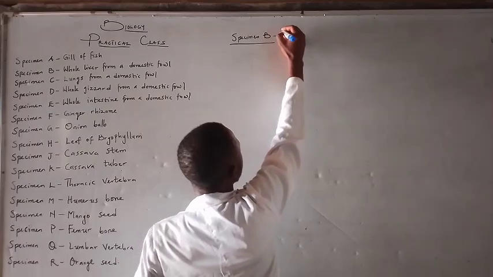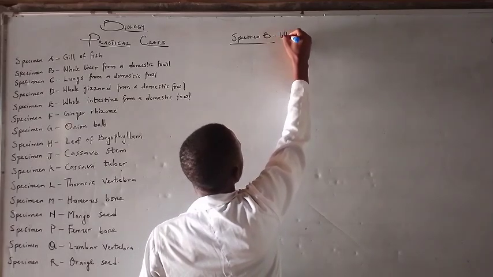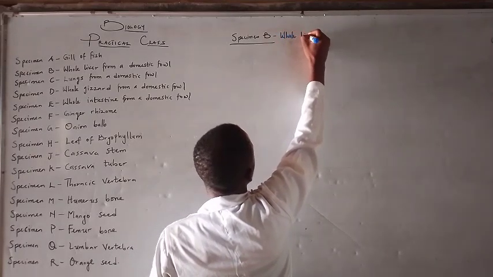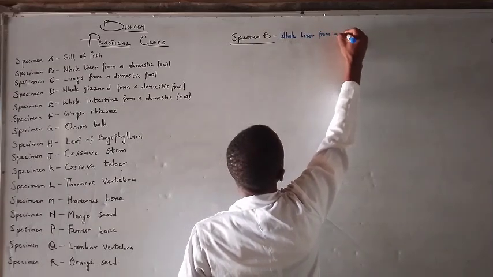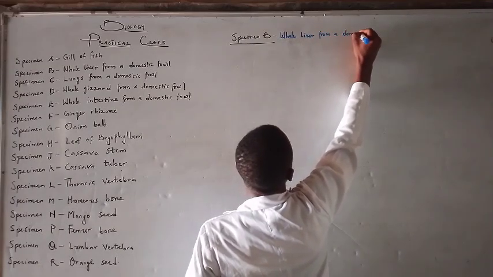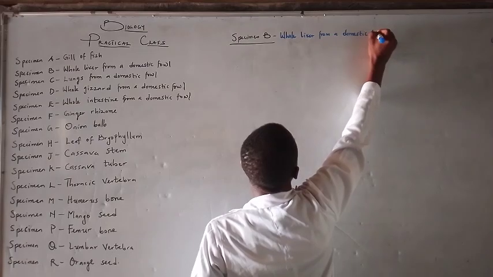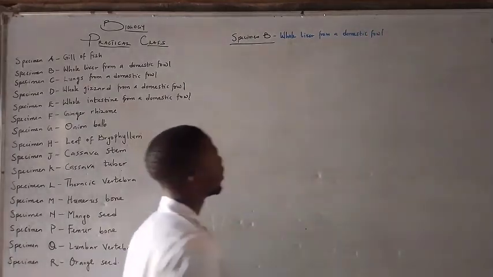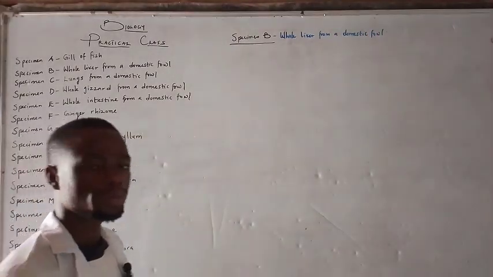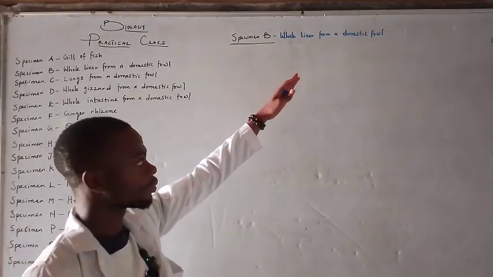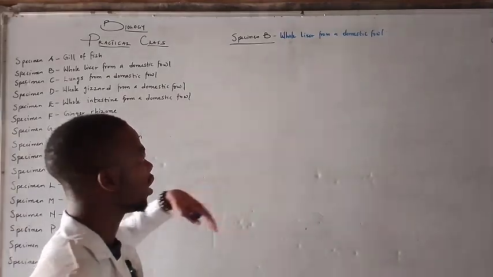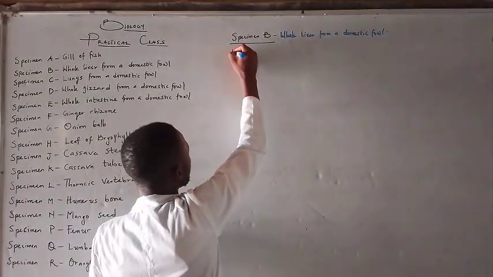Fowl liver, from the domestic fowl. Where is the location of this specimen, liver, in a fowl?